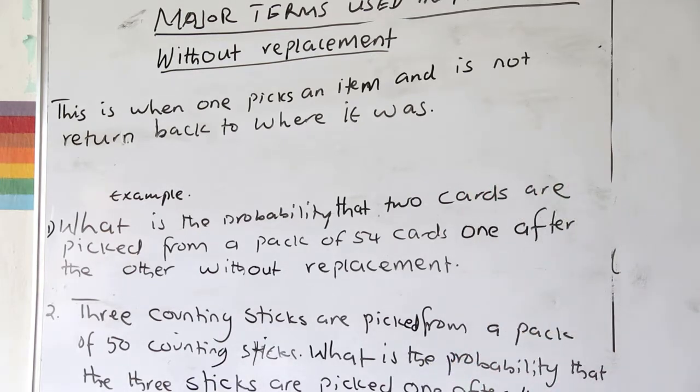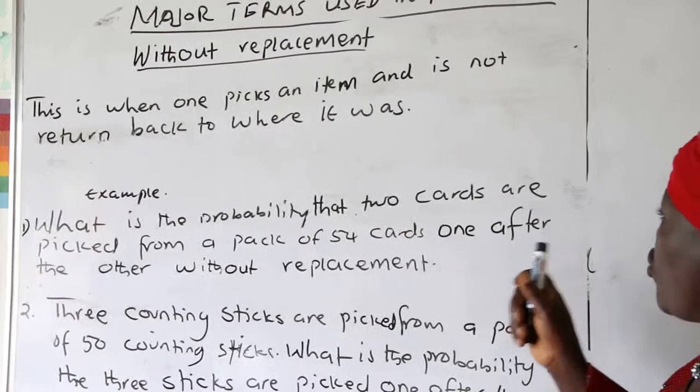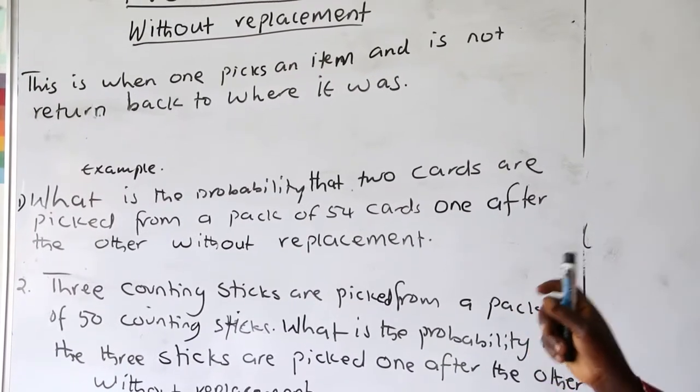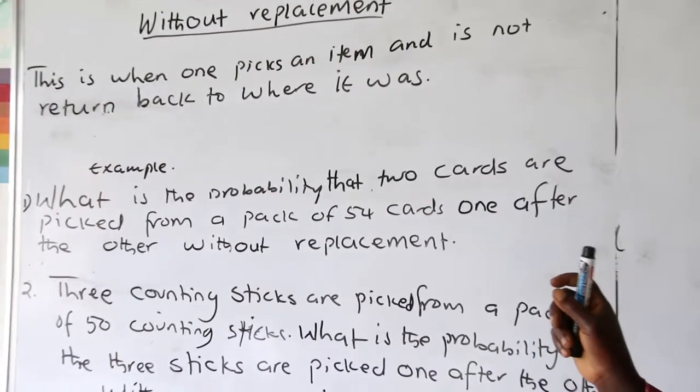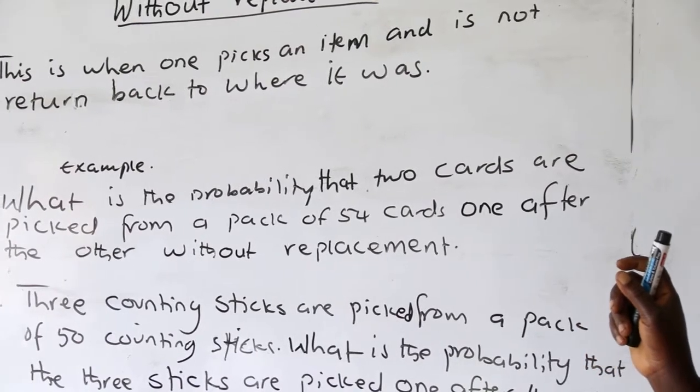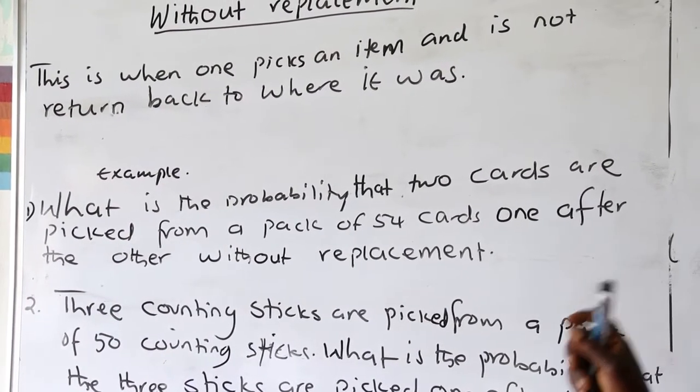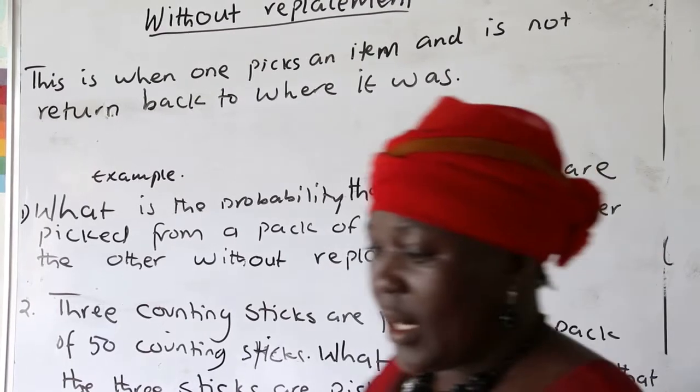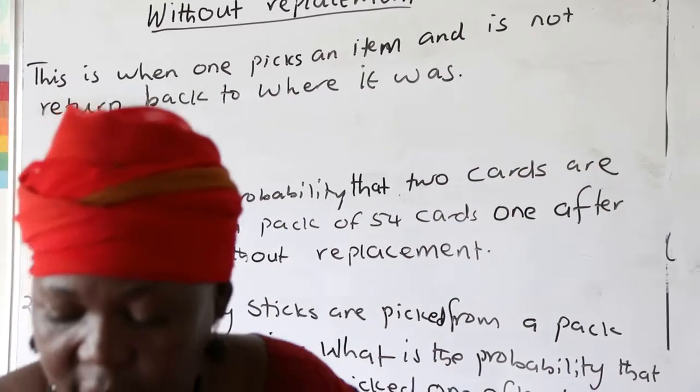So the solution to these same questions is in a different way. So what is the probability that 2 cards are picked from a pack of 54 cards, one after the other without replacement? Now this is my cards.